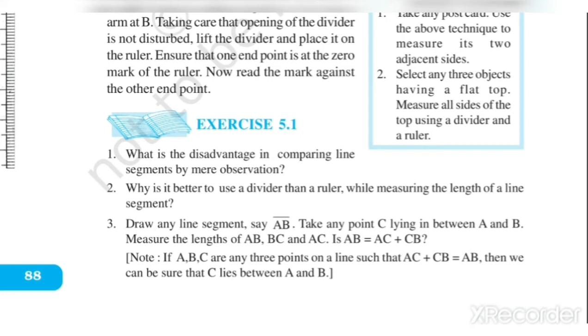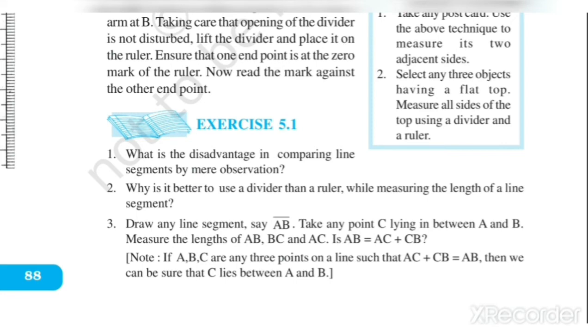Chances of errors due to improper viewing are more if we compare line segments by observation only. Question 2. Why is it better to use a divider than a ruler while measuring the length of a line segment? If we use divider than a ruler, accurate measurement will be possible. So it is better to use a divider than ruler while measuring the length of line segment.